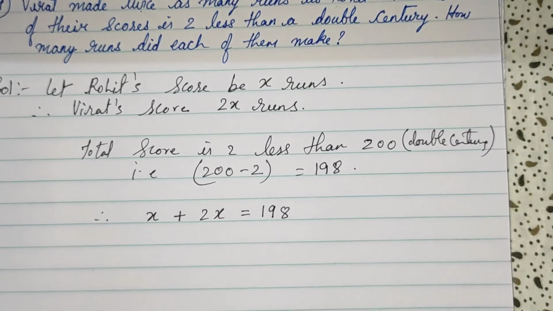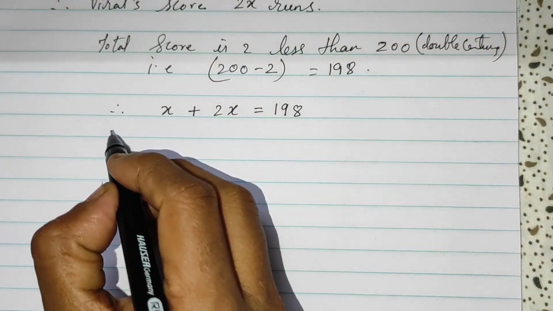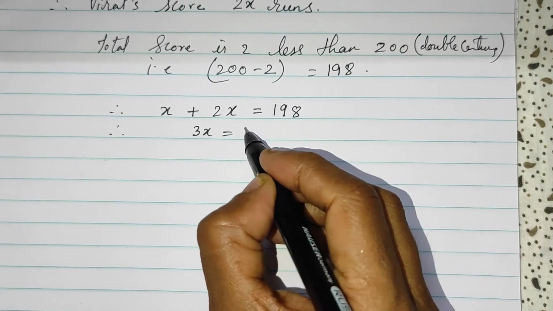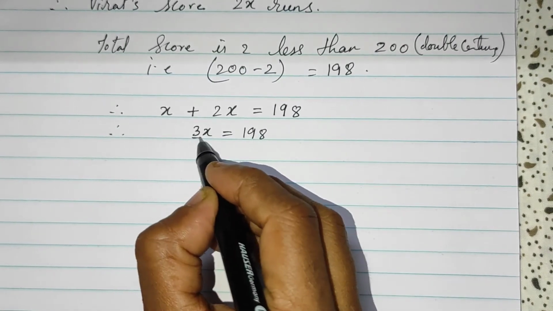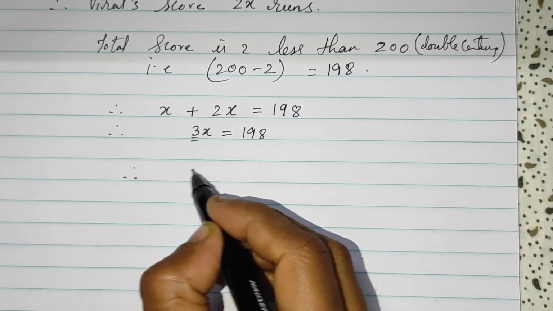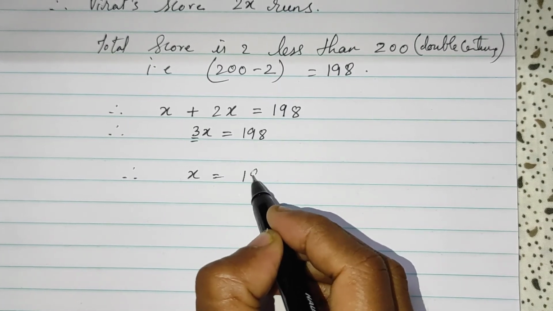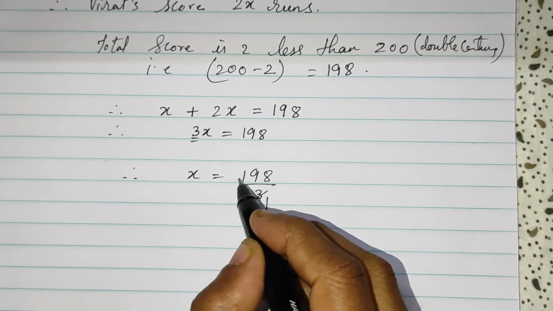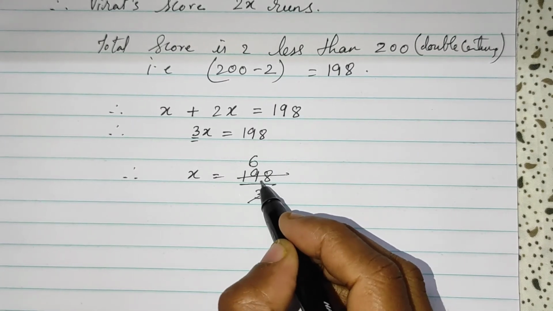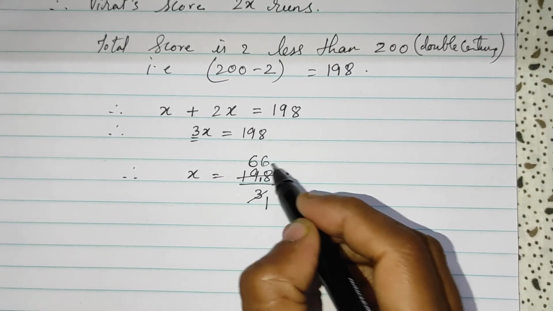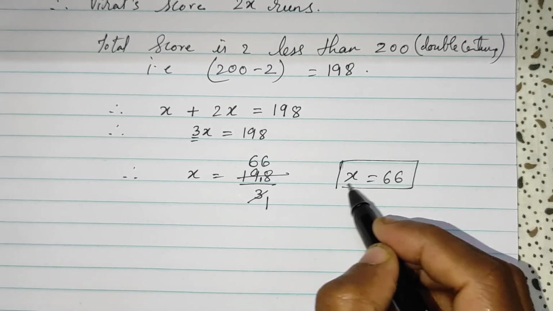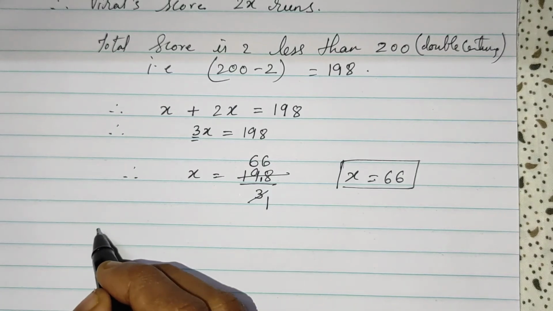This is your equation. Now let's solve this equation. x plus 2x, 3x equals 198. So this 3 will come here at the bottom. So x equals 198 upon 3. 3 ones are 3, 3 sixes are 18, 1 carry, 3 sixes are 18. x equals 66. So x was Rohit's score.